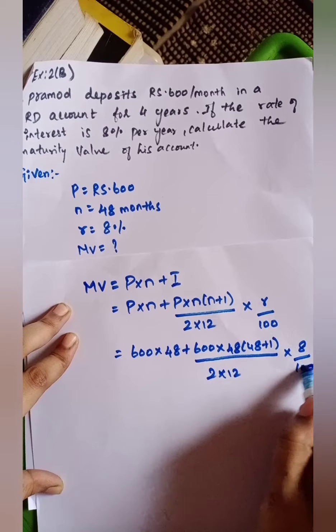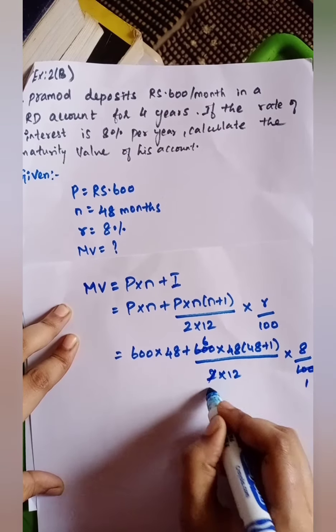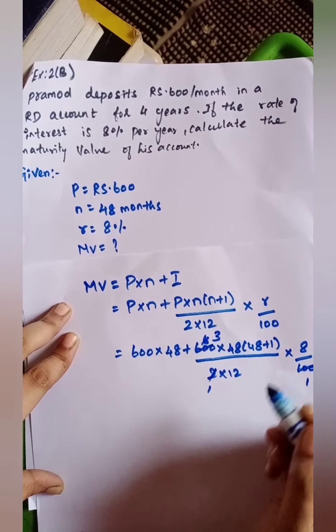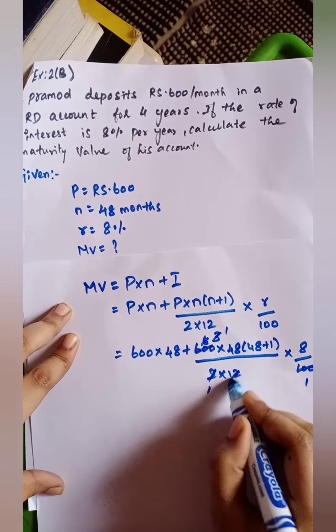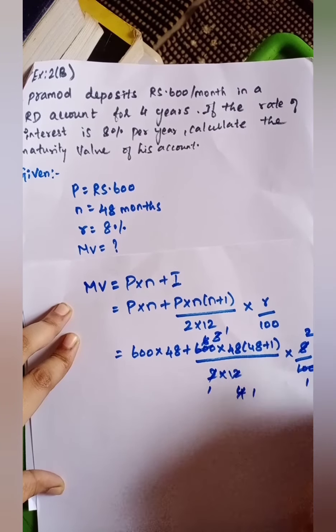Now we cancel 100: ones are 100, 6 ones are 6, 2 ones are 2, 2 threes are 6, 3 ones are 3, 4 ones are 4, 4 twos are 8.